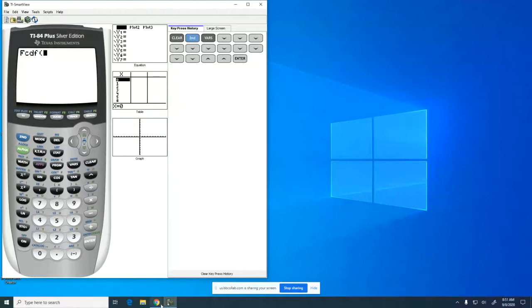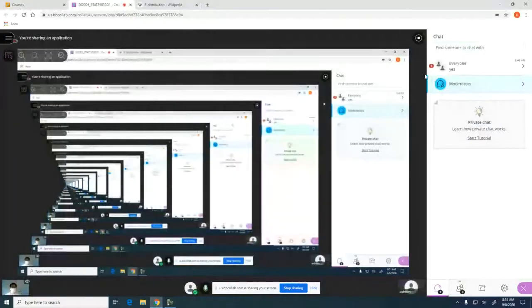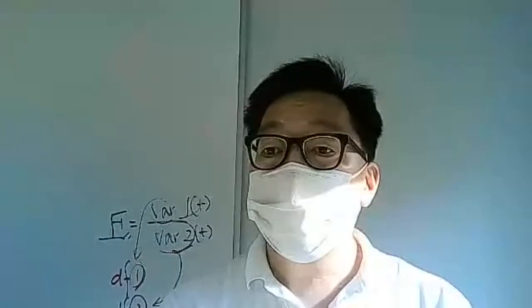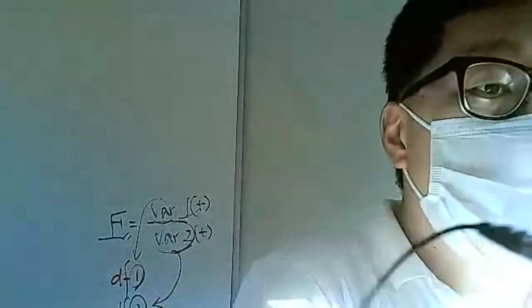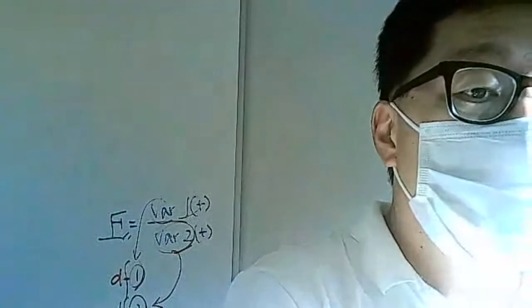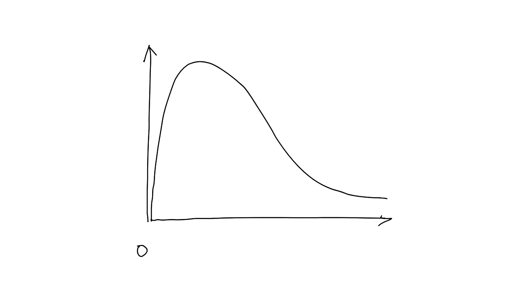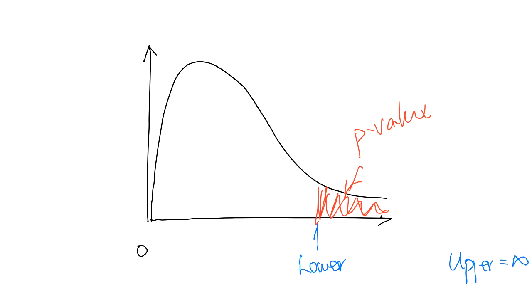So let me go back, I erase again. Let me share the blank whiteboard. I told you we have the F distribution, positive, it's non-symmetrical. And I told you always the right end will be the p-value. So when you take the probability of the right tail, then it must be the lower value and the upper must be positive infinity.